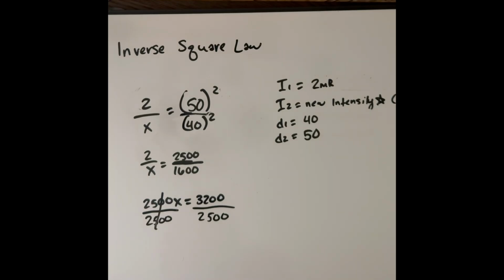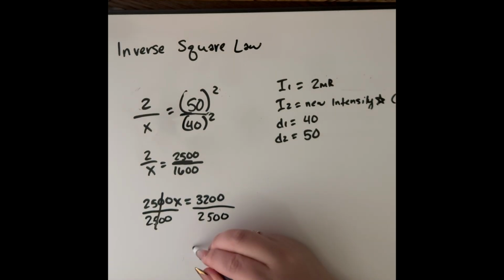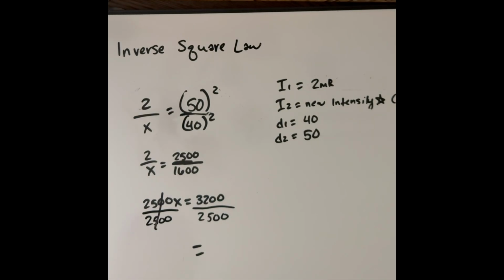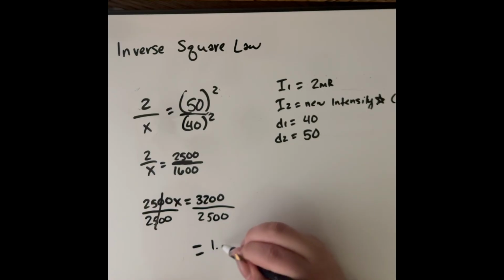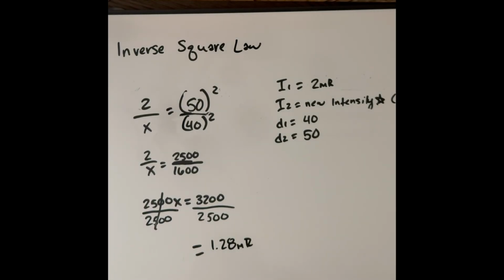These ones will cancel out over here, and then we are going to be left with 3,200 divided by 2,500. And that gives us a value of 1.28 MR.